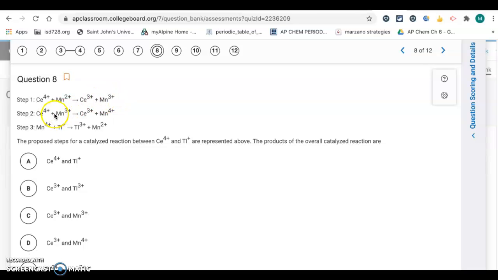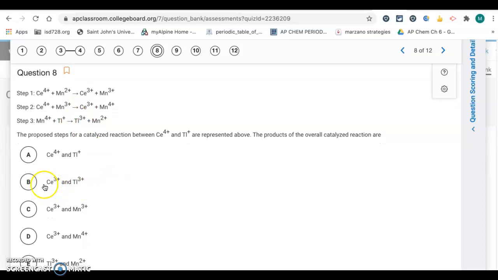Manganese positive 3 will cancel, so that's going to be gone. And manganese positive 2, here's a manganese positive 2, so that'll cancel. So all those manganese ions will end up canceling. So then it's just this Tl positive 3, which doesn't show up on the reactant side. So it's going to be the Ce positive 3 and Tl positive 3. So letter B.